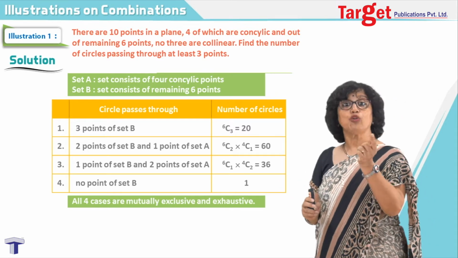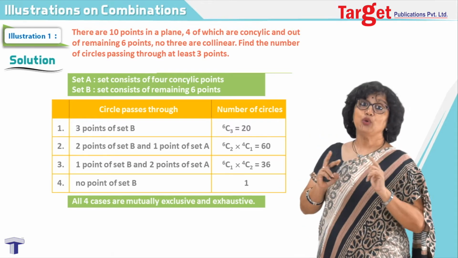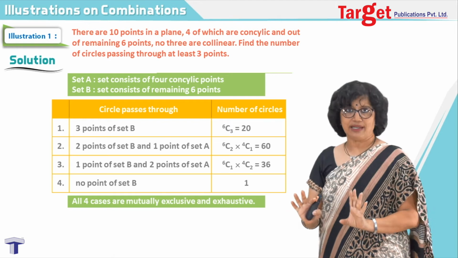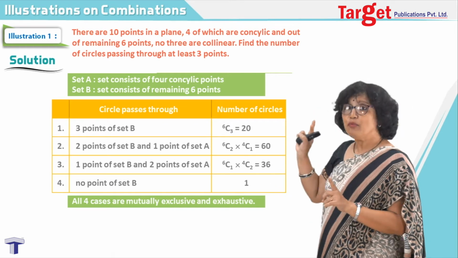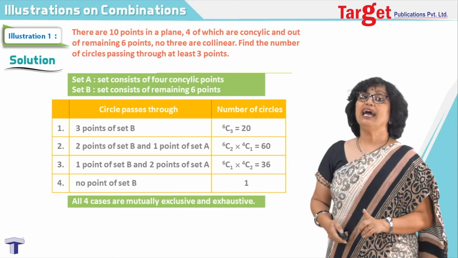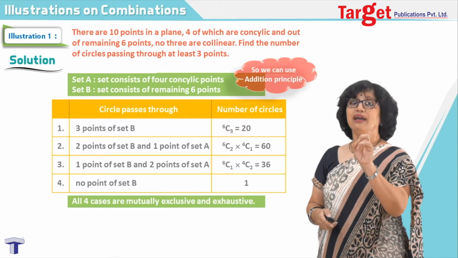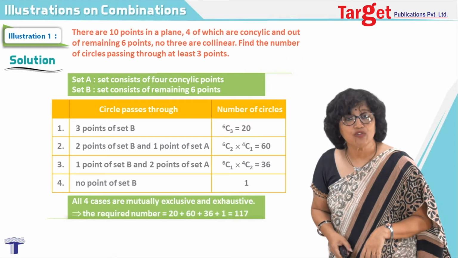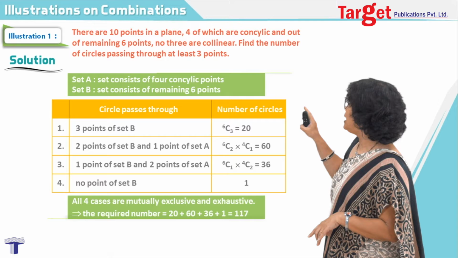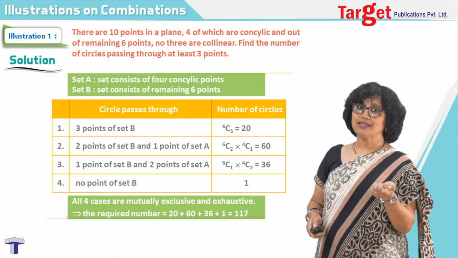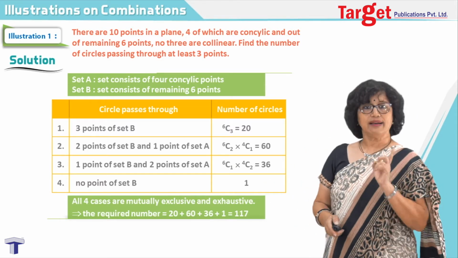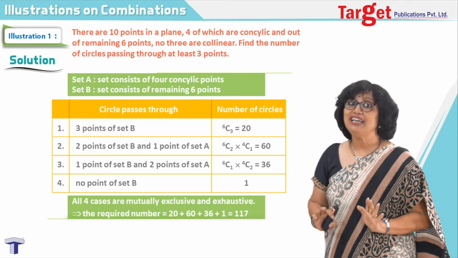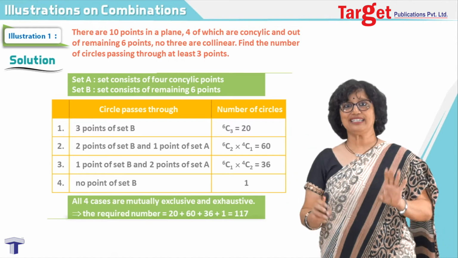And also they have to be exhaustive, because their union will give you all possibilities, correct? So all cases are mutually exclusive and exhaustive, and hence I am in a position to apply the addition principle. So my final answer would be the sum of all these numbers, 20 plus 60 plus 36 plus 1, and the answer would be 117. So 117 such circles can be obtained, right?